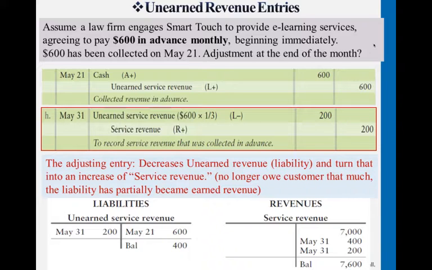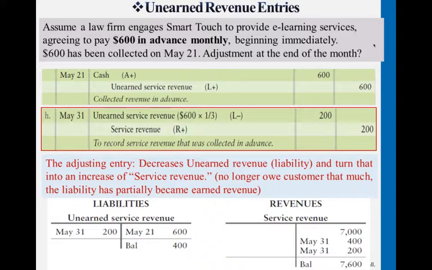For the T accounts here, even if I didn't tell you the whole situation above, if you just look at this T account, you should still be able to understand the information represented. Unearned service revenue is a liability account. Something on the credit side represents that earlier you had a total liability worth $600. Now when it reaches May 31st, you reduce this liability by $200.